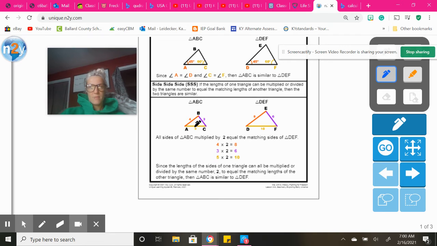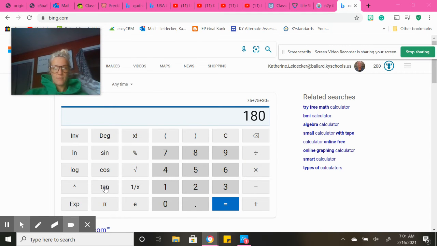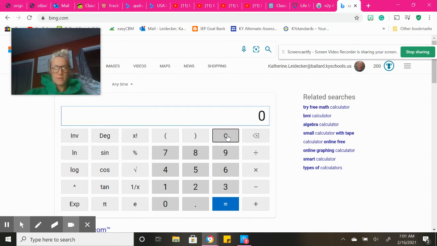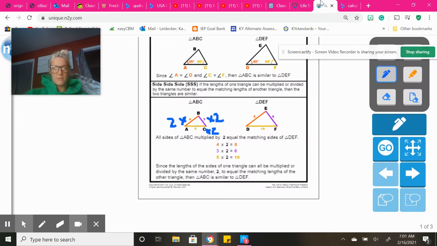So we have 4 on this side. So if we multiply this by 2, so 4 times 2 and 3 times 2, so this is multiplying by the same number, 5 times 2, do we equal this triangle? So let's do 4 times 2 equals 8.